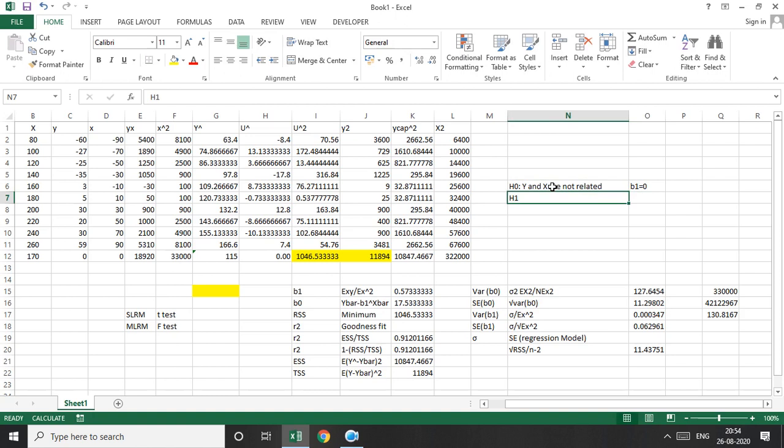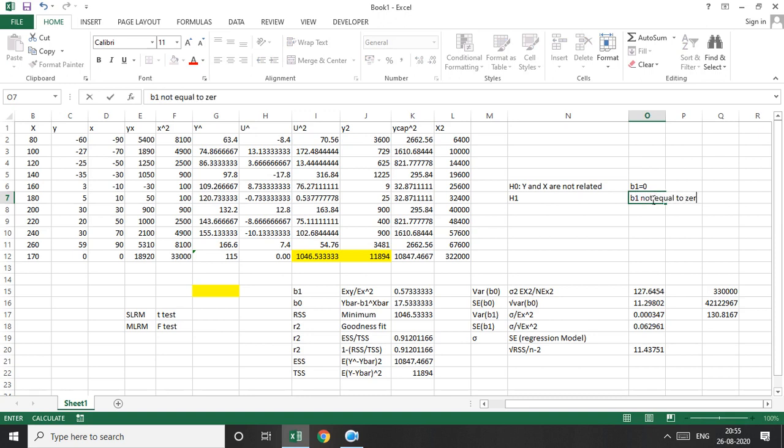Alternatively, you can hypothesize beta 1 not equal to 0, or beta 1 less than or equal to 0, or more than or equal to 0, depending upon your theoretical framework or your introspection. For the time being I'm giving beta 1 not equal to 0.